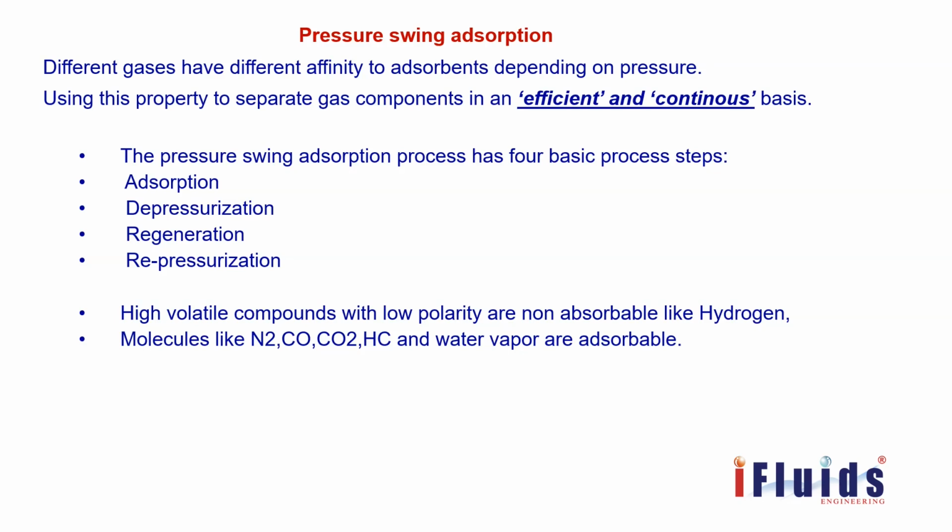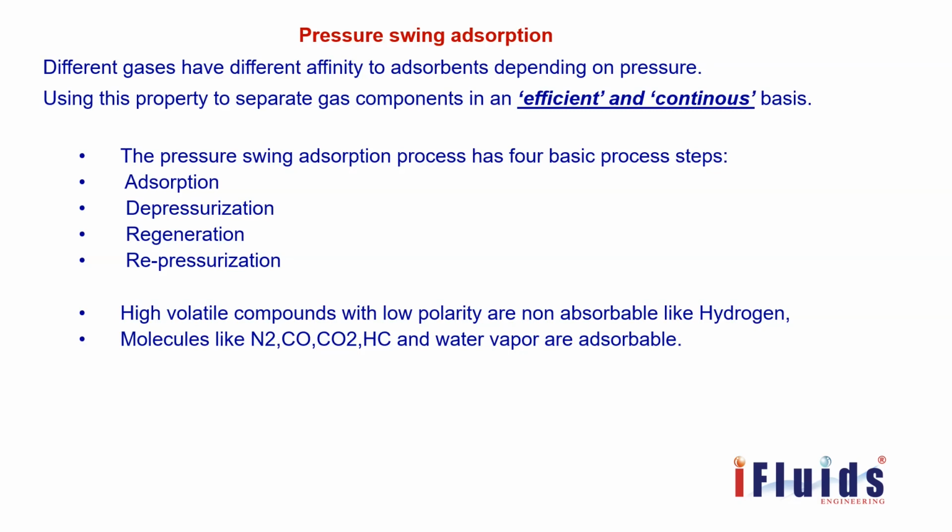After removing, we have to regenerate the adsorbents. For that, we introduce pure hydrogen, coming from another vessel which is going to depressurization. A part of the pure hydrogen comes here, and for repressurization only pure hydrogen is used. By this, the vessel is regenerated and ready for receiving the next feedstock.